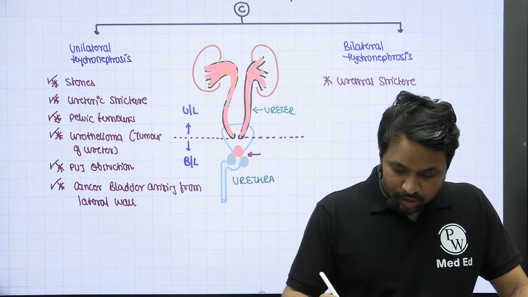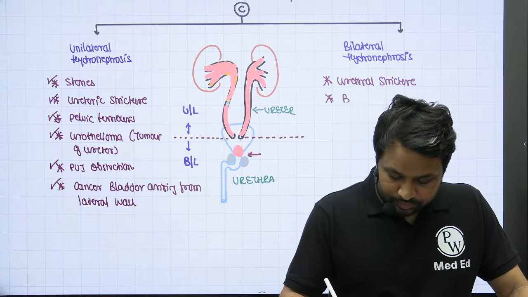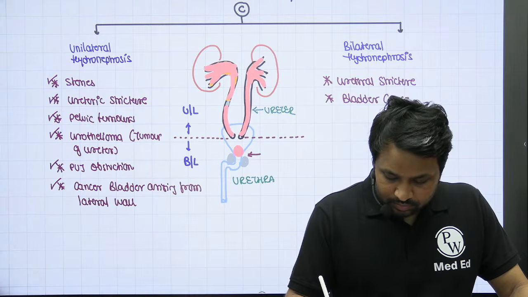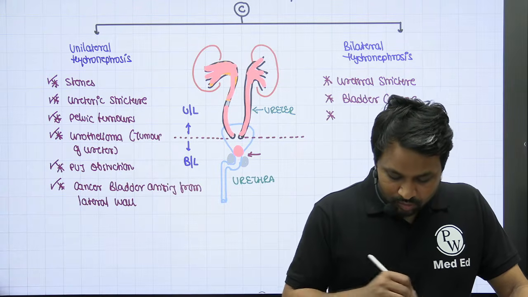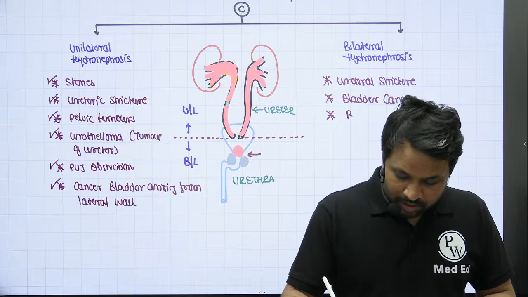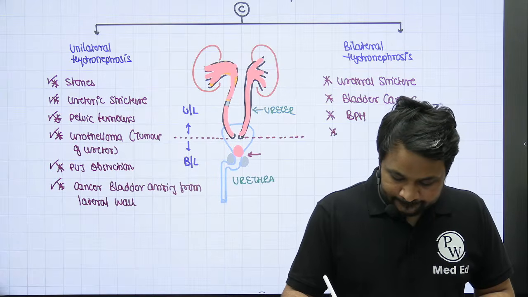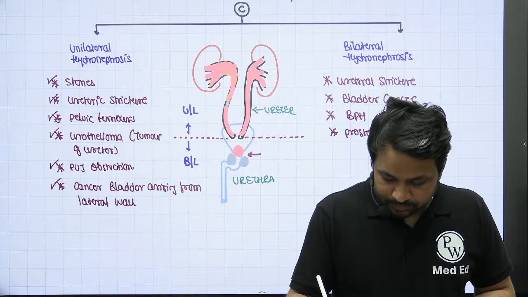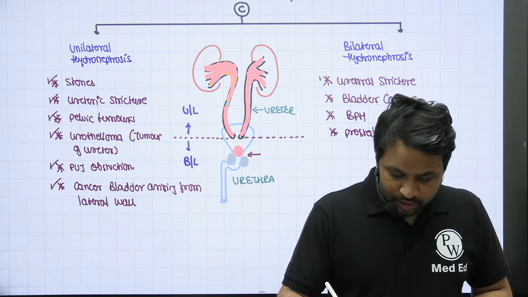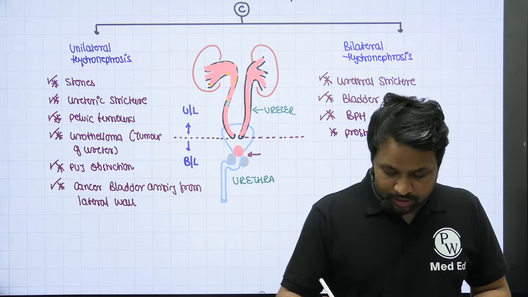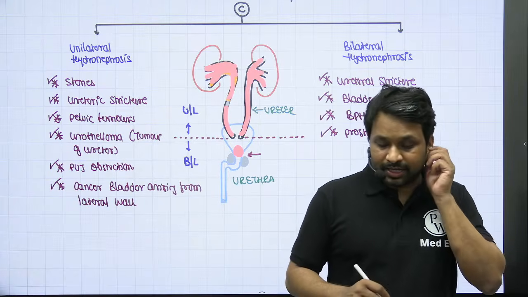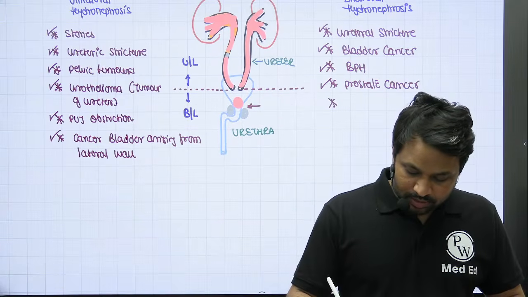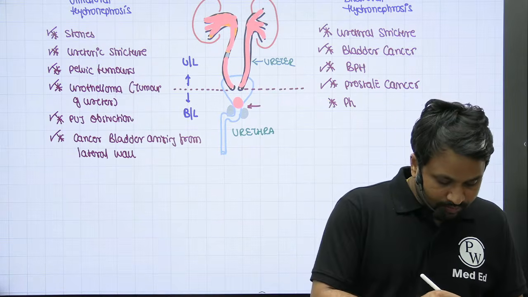So we're talking about urethral stricture, bladder cancer, benign prostatic hyperplasia, prostatic cancer, and phimosis.